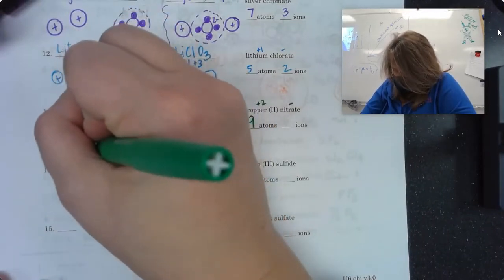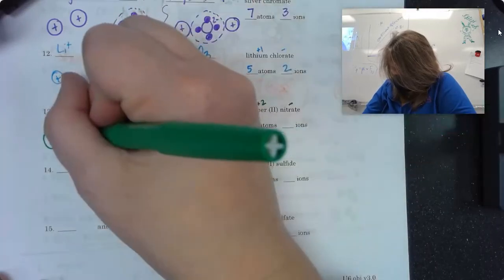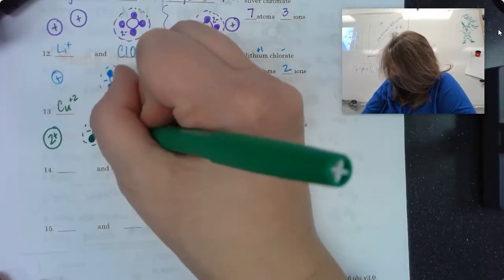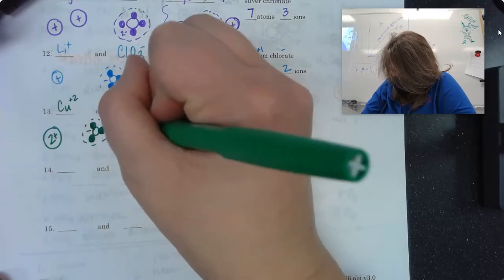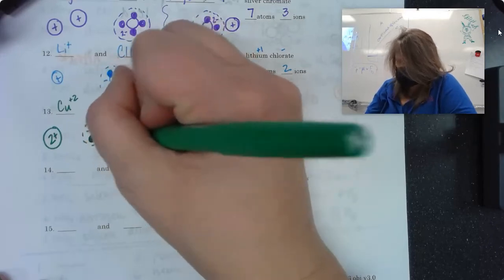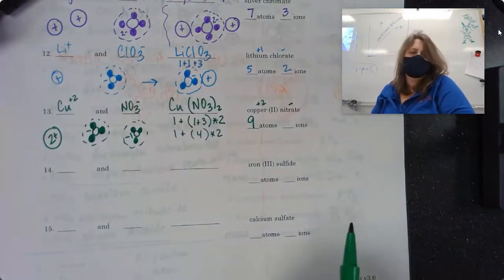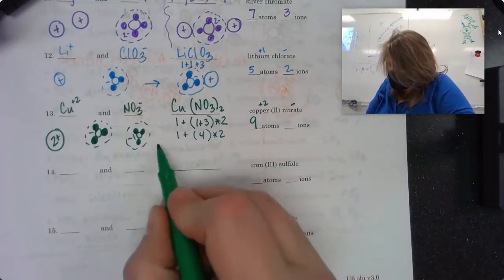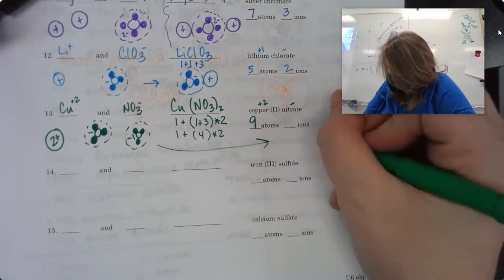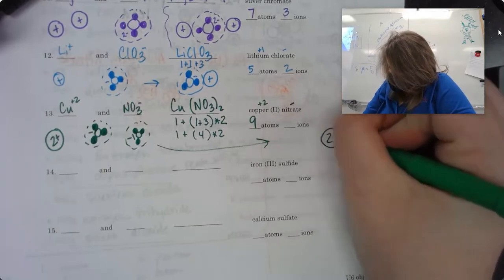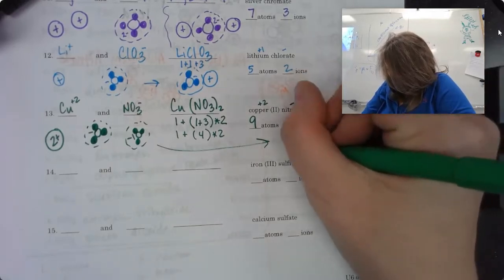So there's 1, and it's got a -1 charge. And I've got another nitrate, and it has a -1 charge. I guess I didn't even need to put the 1 there. And then when I draw my final one, I'm just going to put it over here because it's in the way. I'm going to try to make it look symmetric.